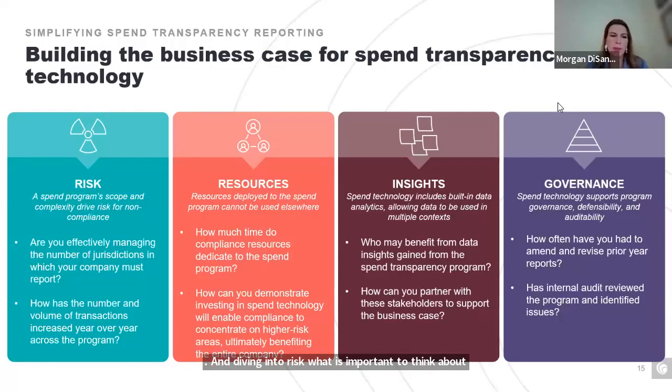So, for example, do you have a complex spend structure, meaning you're working with multiple vendors across many jurisdictions? Or do you have high volumes of transactions where manual tracking and analysis might be impractical or require too many personnel, for example?